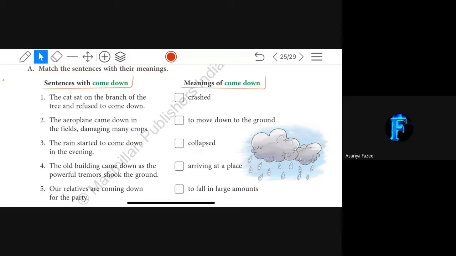What is the meaning of the first one? Where should I match it? The word come down. What does it mean in the first sentence? Anyone? What is the meaning of the first sentence?